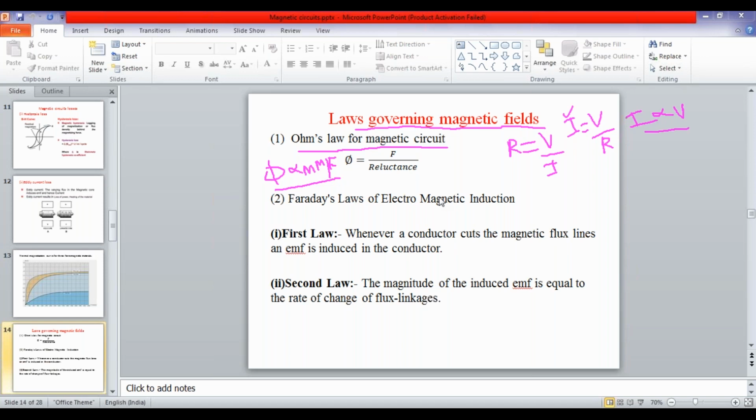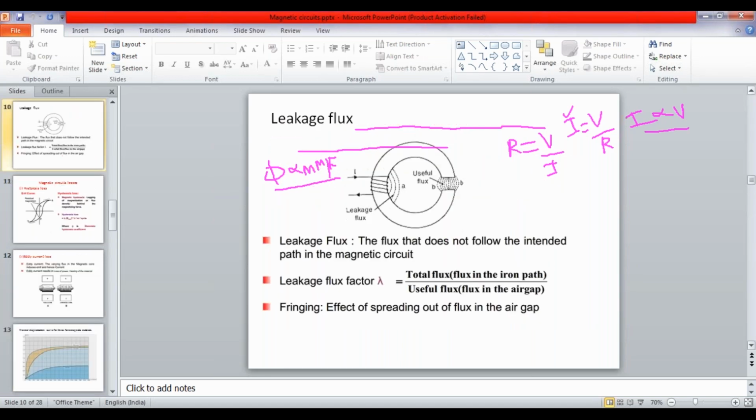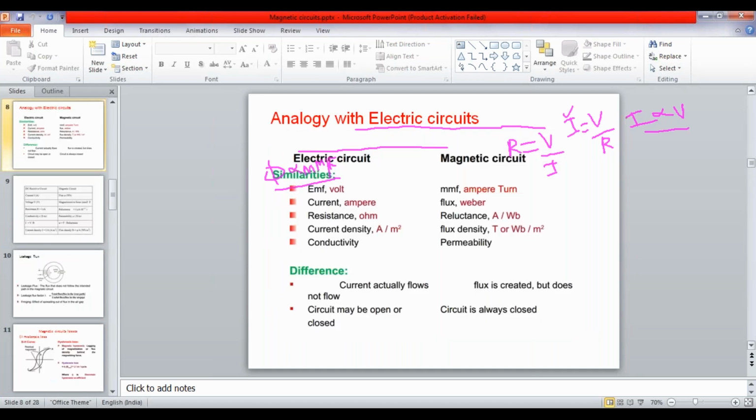This slide I will show you. In the previous slides also I showed you the same thing. While comparing the electrical and magnetic quantities, as you have seen, EMF corresponds to MMF, current corresponds to flux, and resistance corresponds to reluctance.